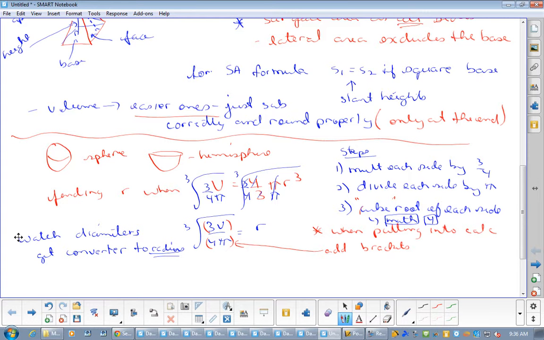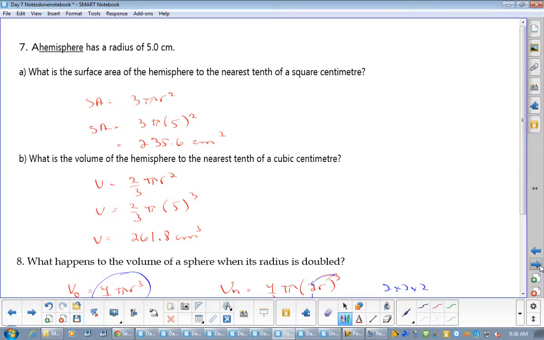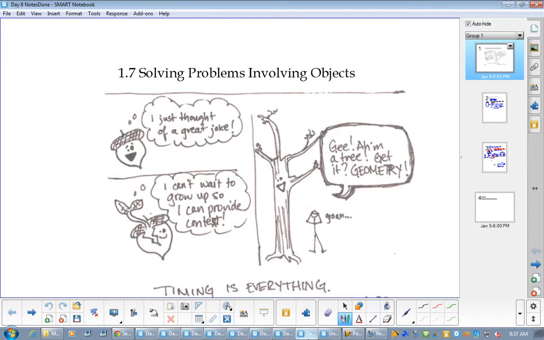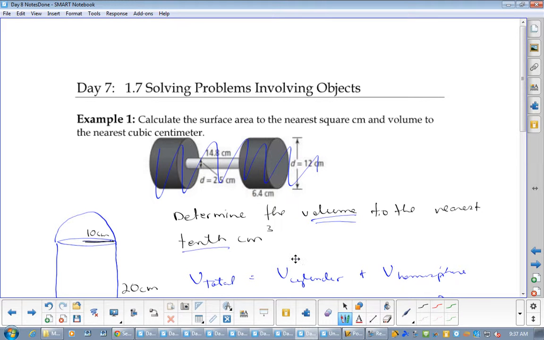So I might just give you the diameter instead of the radius. Okay, so then we did that. We did some hemisphere questions. Again, we had to know how to convert. And then last lesson, we just did these two questions.